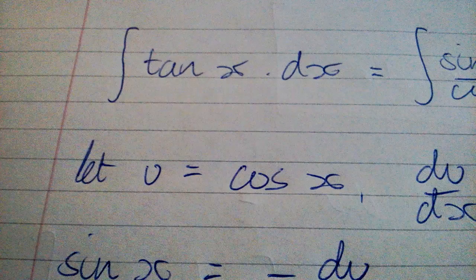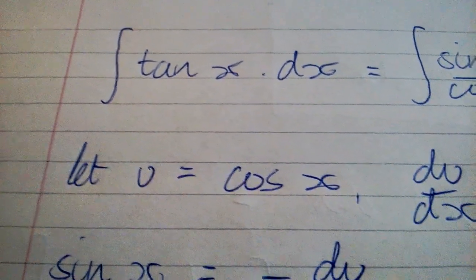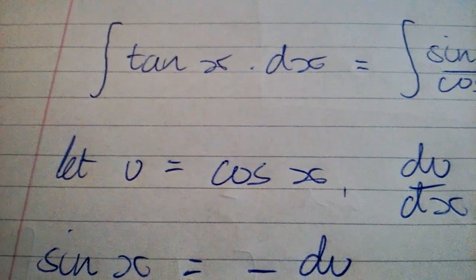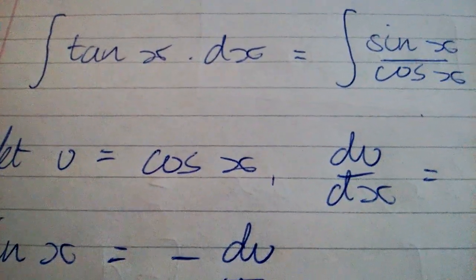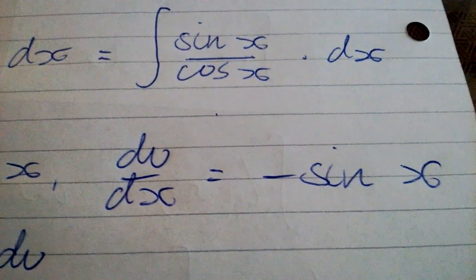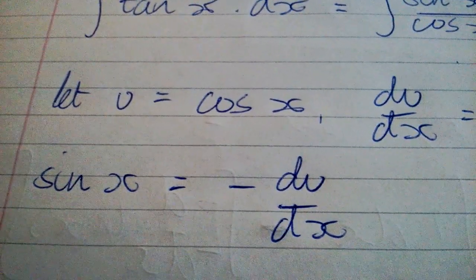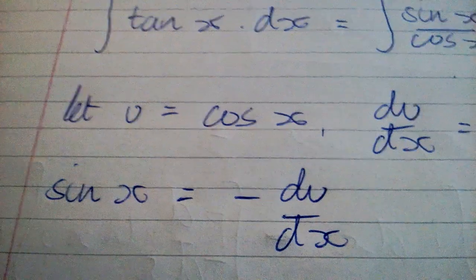So what I'd like to do is say let a function u be substituted for cos x, and that means that du by dx is equal to minus sine x, and that means that sine x itself is minus du by dx.